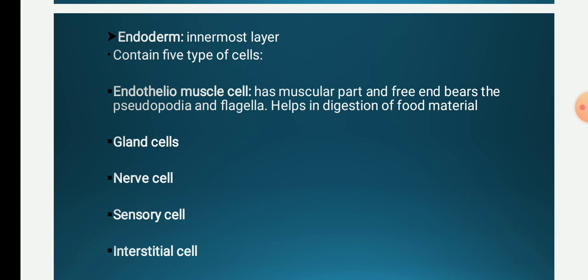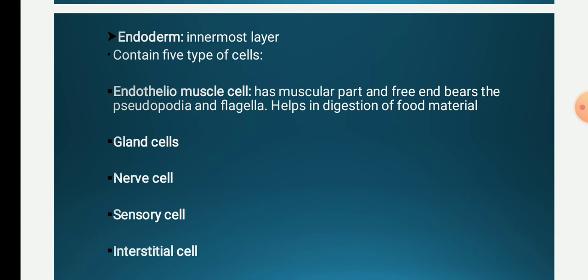Once we revise again, epithelial muscle cell forms the major portion of the ectoderm, whereas the endothelial muscle cell forms the major portion of the endoderm layer. Similarly, epithelial muscle cells and endothelial muscle cells are both pillar shaped.